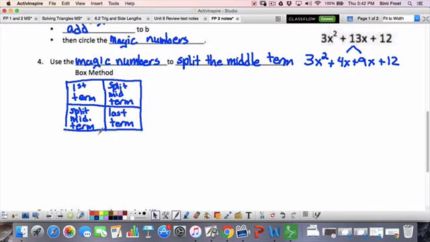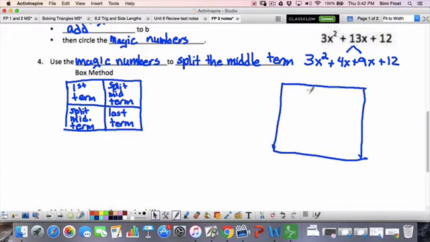Okay, so once you have this laid out so you know what it looks like, and I could have made that bigger, not so cramped in there. Let's go ahead and draw a box and do this with the polynomial that we have.